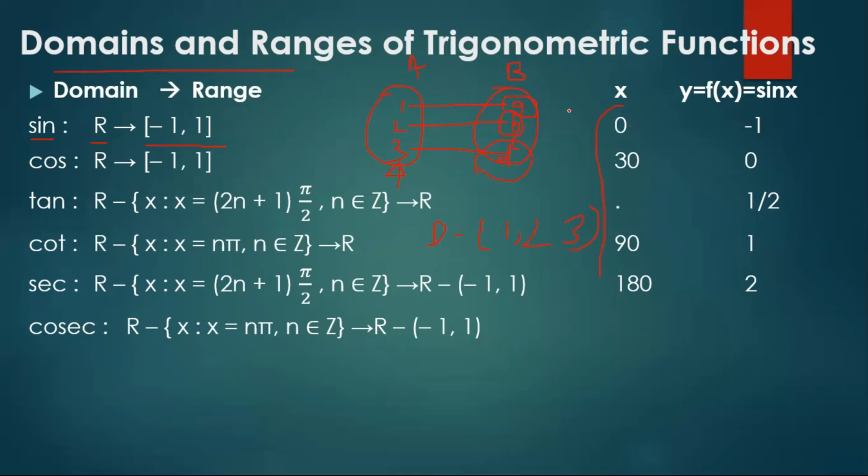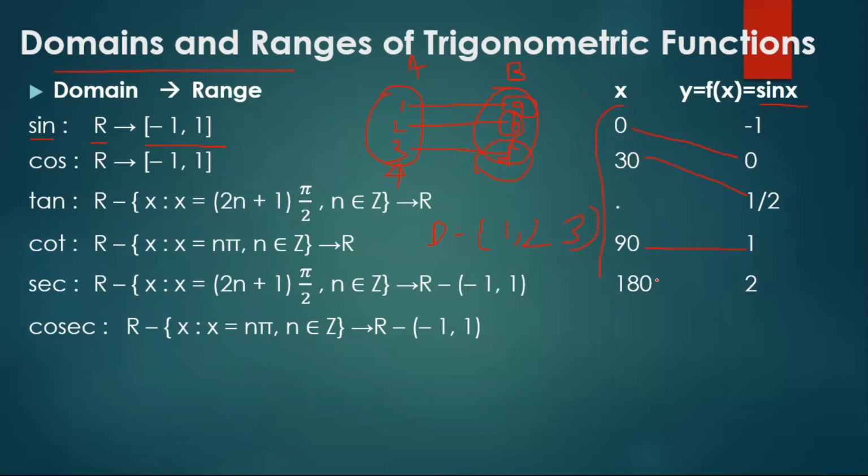If your y is sine x and my x is 0, what will happen to sine 0? 0. Now my value of angle is 30 degrees. That is sine 30. What is sine 30? Half. Getting it? What is sine 90? If my value of x is 90, then what is sine 90? Sine 90 is 1.